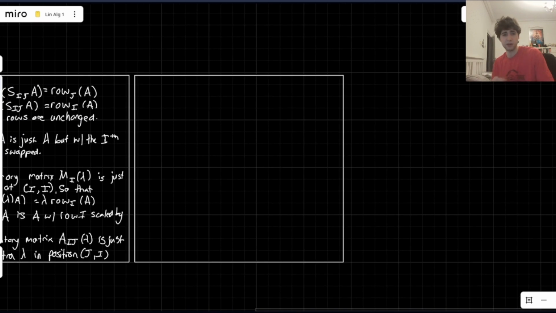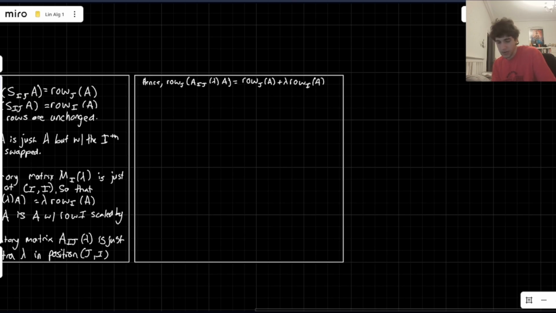Sorry, my throat's drying up a little bit. Which is that effectively, the jth row of the resultant matrix that you get, so A subscript I J of lambda multiplied by capital A, is actually going to be the jth row of A, basically, plus lambda times the ith row of A, right?